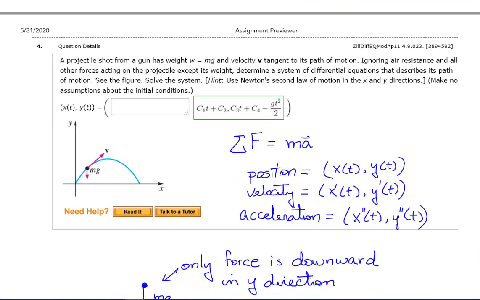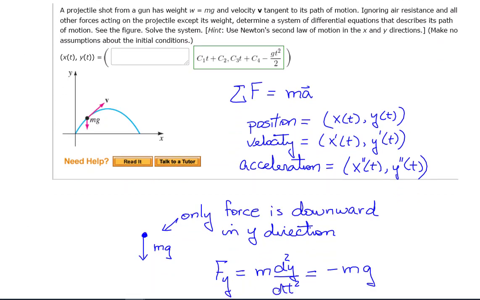And in our last problem, we look at something from physics. We have a projectile shot from a gun, and so we have the forces that are acting upon this object. It's being shot from ground level, returns back to ground level. It has a velocity as it's moving.